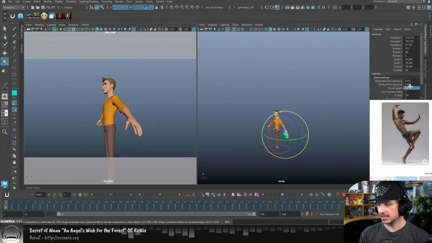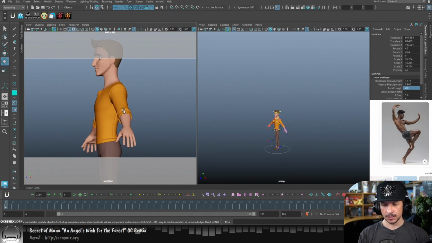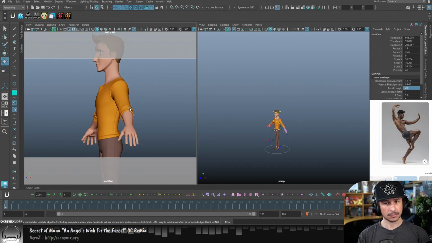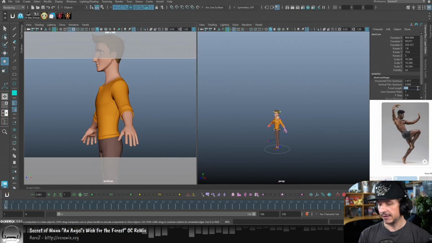If I increase this to, let's say, a 200mm lens, those hands are almost the same size now. The longer the lens, the flatter the image. And I've done whole talks on that, but that's the basic principle for anyone who's totally new to it. If you have questions, definitely let me know.